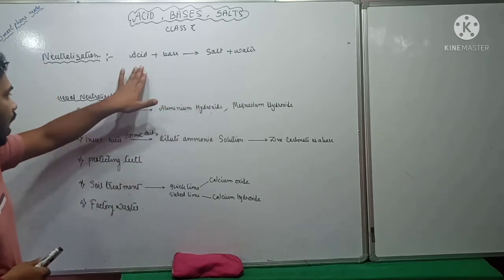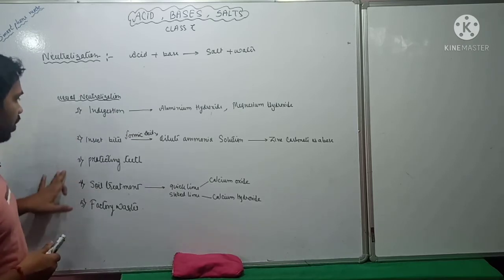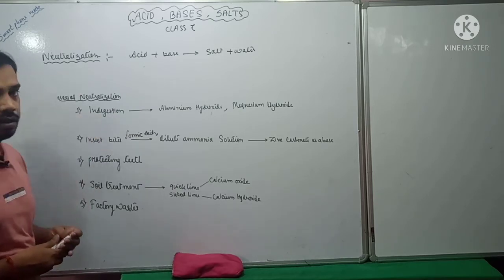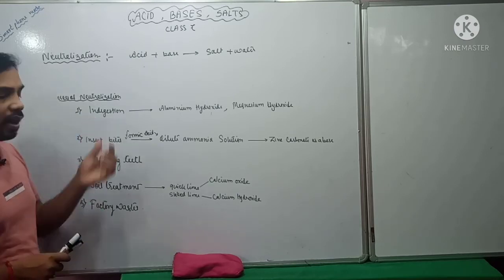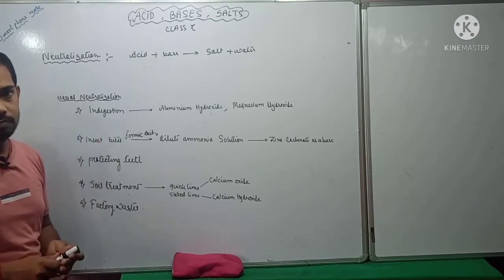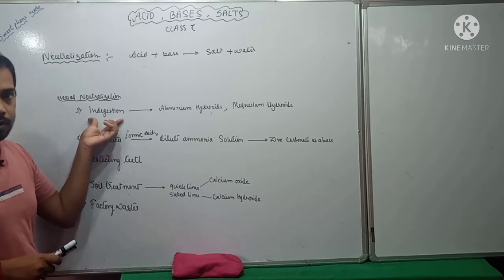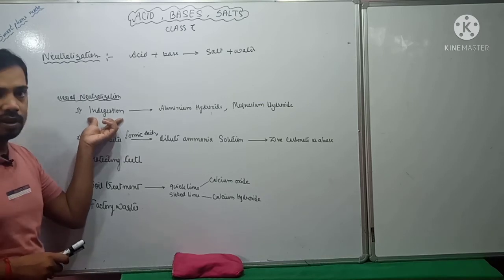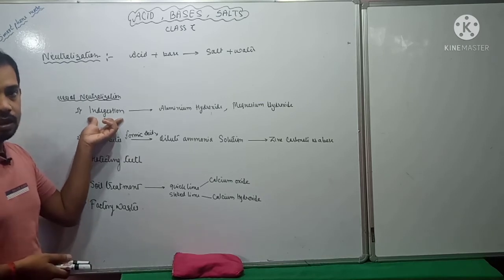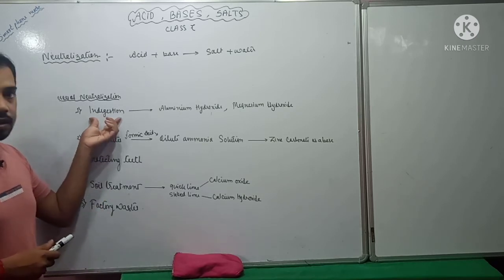Now you see how useful the neutralization reaction can be. These are some of the uses. For example, indigestion. What is the cause of indigestion? In our stomach hydrochloric acid is present, which is used to kill germs present in our food. But if the volume of hydrochloric acid increases, it may cause acidity, which may cause a stomach ache.